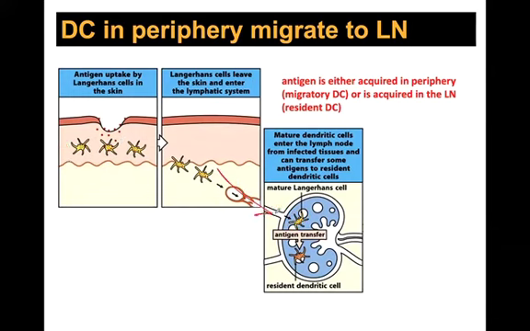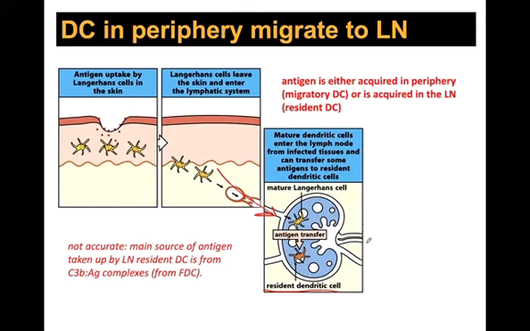Or if the antigen travels on its own to a lymph node, it's going to go in through the lymphatics as a free soluble thing. It's going to travel through that follicular reticular network, which is a leaky pipe. And that leaky pipe is going to leak out the antigen, and the tissue resident dendritic cells will pick it up in the lymph node and essentially fulfill the same roles as the cells that migrated there.